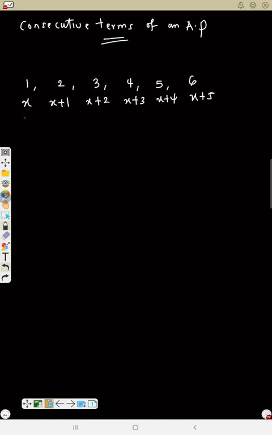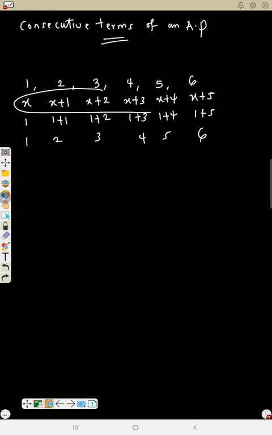Now, if x is 1, this will be 1, 1 plus 1, 1 plus 2, 1 plus 3, 1 plus 4, 1 plus 5. Do you see this is still the same thing as 1, 2, 3, 4, 5, 6. Because we don't usually know a certain number, that's why we always represent it as x. So now these are consecutive terms of a number.